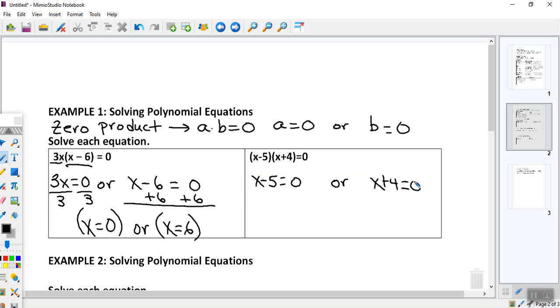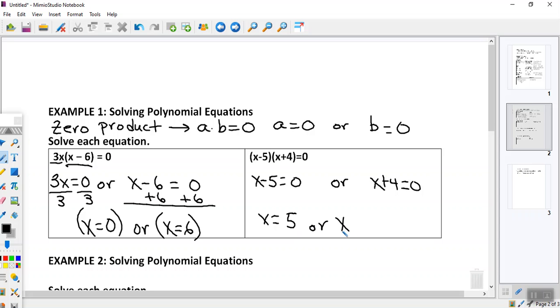If I solve this first equation, what's one possible solution for x? 5. 5 would make this true. Okay, because kids, what is 5 minus 5 up here? 0, and then 5 plus 4 is 9. 0 times 9 would be 0.